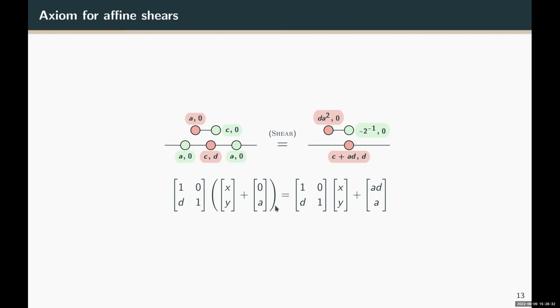This is the same as if I'd done the shear first and then done a translation, but where now I have this additional term in my translation because the shear has to act on the original translation. Right, so this is just a usual commutation relation for affine linear operations.